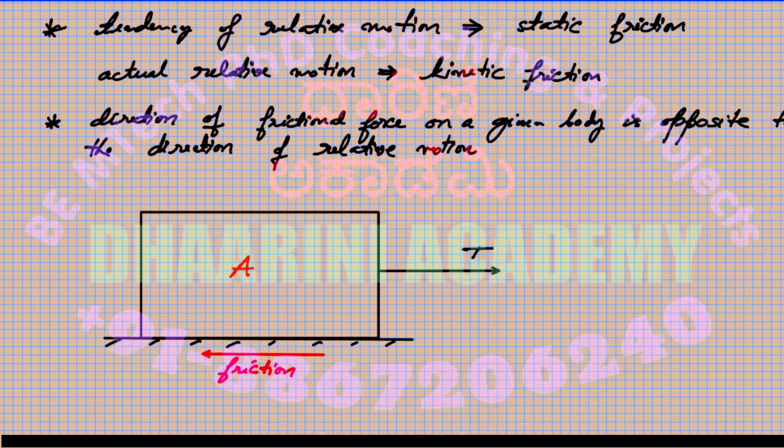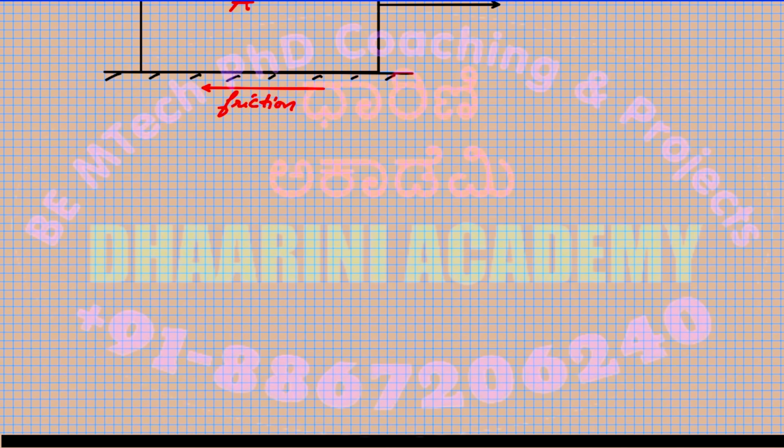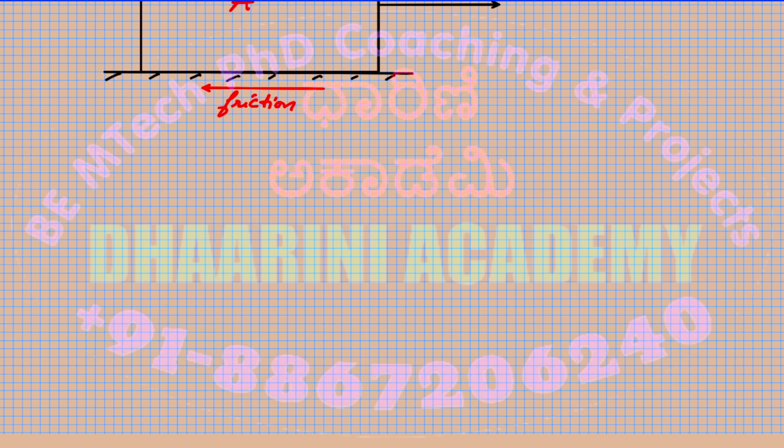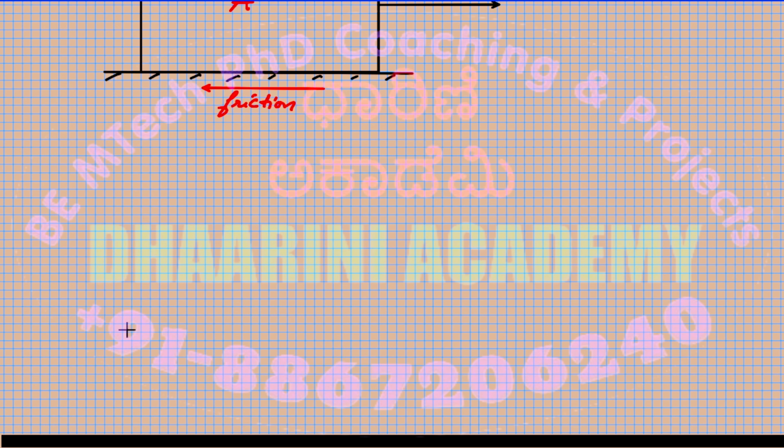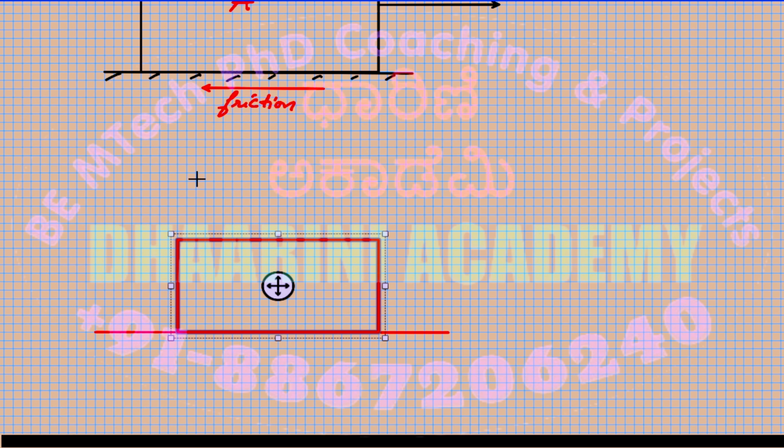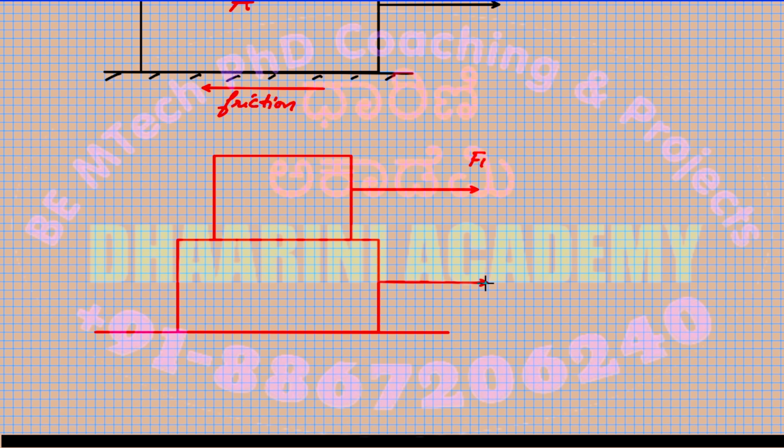Now let's take another case. Let us say we have a surface, and let us place two different objects. This is object 1 and this is object 2. Let us analyze a situation like this. There is a force F1 acting on this body and another force F2 acting on this body.